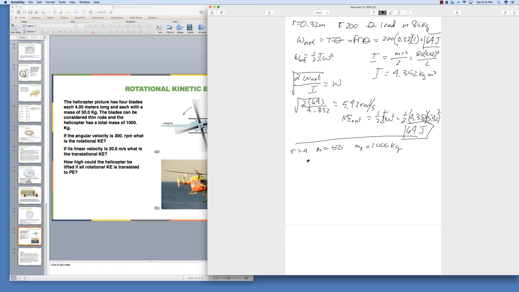Now, if you look up thin rods rotated on their edge, the inertia is equal to 1/12 mr squared. We have 4 of them, so we end up with 1/3 mr squared. And that's equal to 1/3 times 50 times 4 squared.